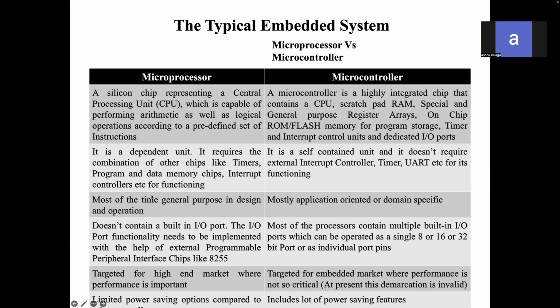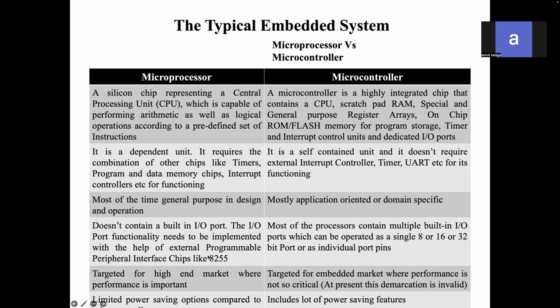I already told you the processor is general purpose and the controller is specific purpose. The microprocessor doesn't contain a built-in IO port. Here the microcontroller contains built-in IO ports, which can be operated as a single 8-bit, 16-bit, or 32-bit port, or as an individual port pin. That means if it is an 8-bit port, which contains 8 pins, each pin can be configured as either input or output.